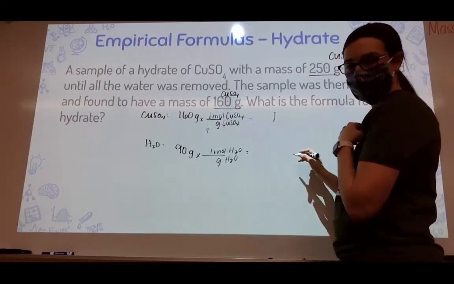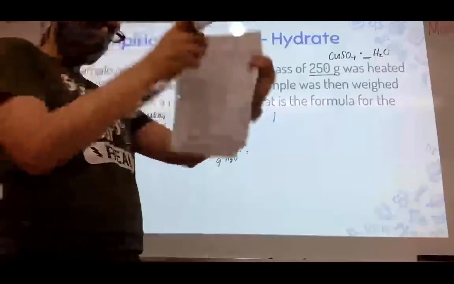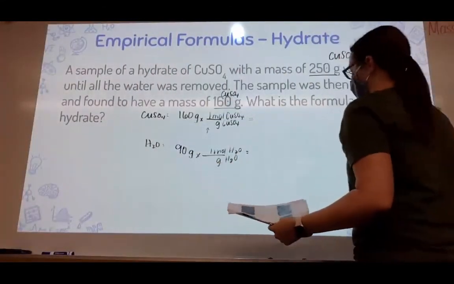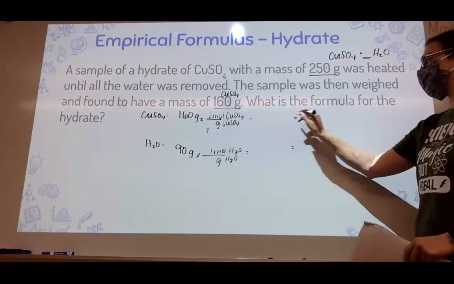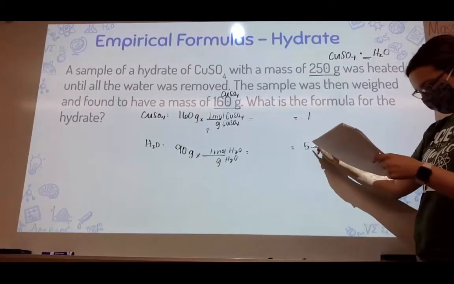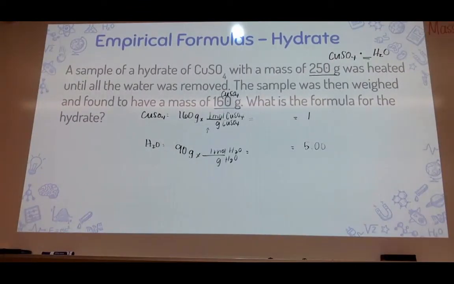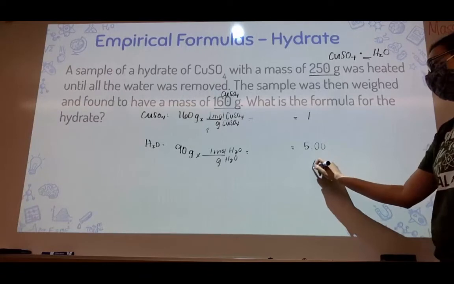I think this is a 5. Let's see. Yes. All right, so I'm going to put another equal sign just so you remember. When you divide by the smallest number, this turns into a 1. This turns into 5.00. This is the ratio of copper 2 sulfate to water. So that means you have 1 CuSO4.